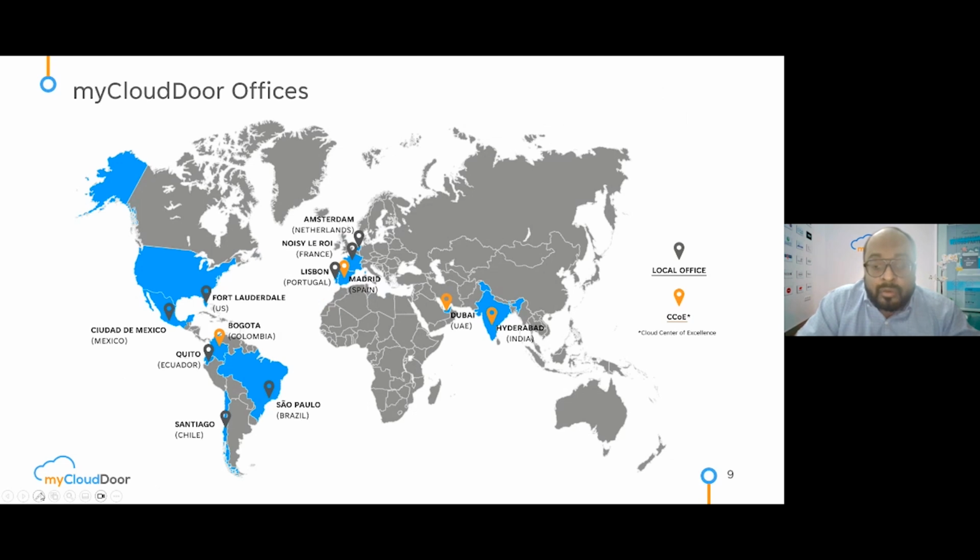We've got operations in 12 different countries worldwide, and we've got 4 centers of excellence, as you can see. From Bogota, Colombia, we take care of the Americas and South American region. From Madrid, we take care of the European region. From Dubai, we take care of the entire Middle East and African region. And we've also got a delivery center in India that we recently opened that supports all the different regions.